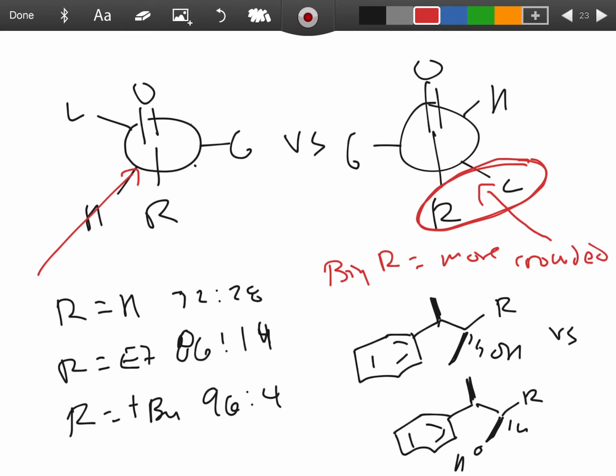Where here, on this side, you still got this hydrogen that is easy to get past. So as you make your ketone bigger, you're reinforcing the fact that you need to go over the small group to get to the carbonyl.